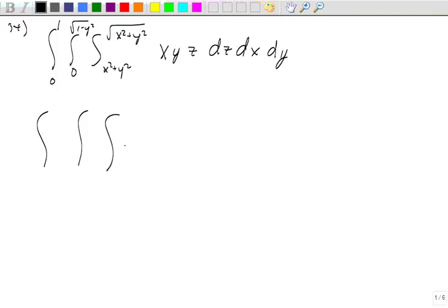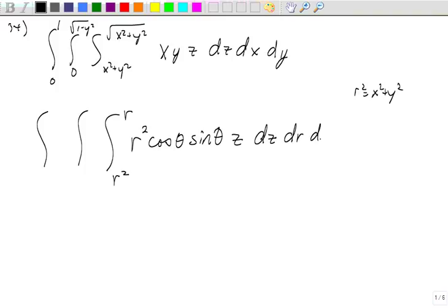Since r squared is x squared plus y squared, this is going to go from r squared to r. X is r cosine theta and y is r sine theta, so it's r squared cosine theta sine theta z dz dr d theta. And I need another r.